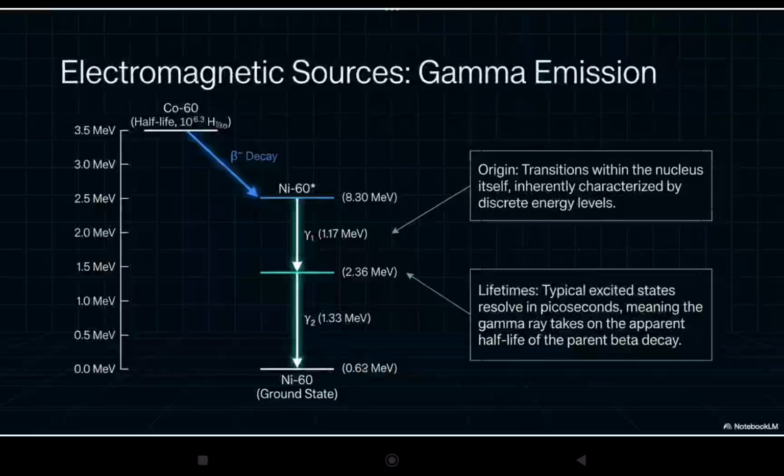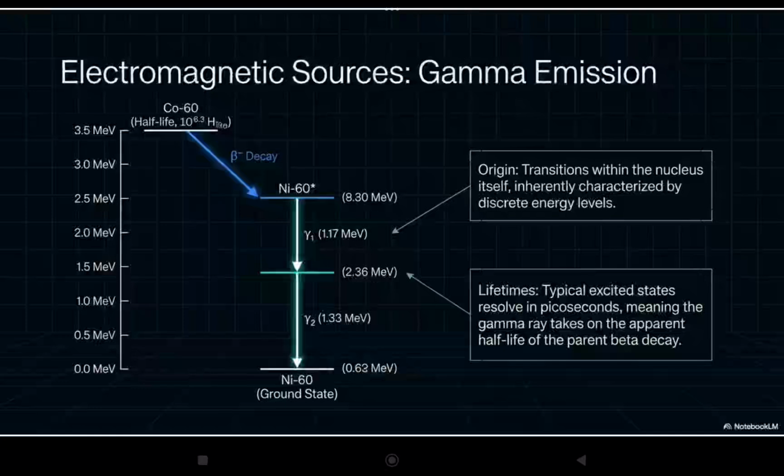Gamma emission is the classical example of electromagnetic radiation from the nucleus. Unlike charged particles, gamma rays arise from transitions between discrete nuclear energy levels, so their energies are sharply defined. Cobalt-60 is a familiar example, where beta decay leads to an excited nickel state that then emits gamma photons at characteristic energies.